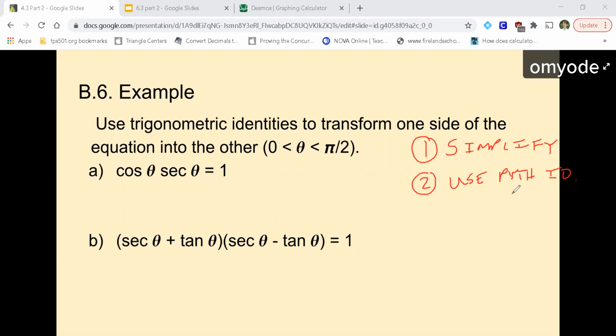If the answer is no, then what you want to do is convert everything to sine and cosine. That's generally how you want to do this. And then once you have things in terms of sine and cosine, hopefully it'll be clearer how you can get to your final goal.